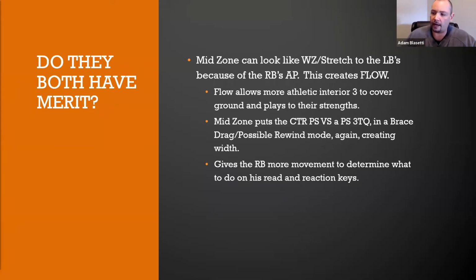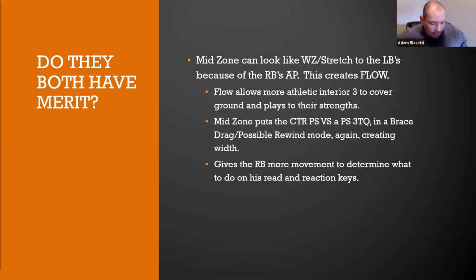Flow allows our more athletic interior three to be able to cover ground and play to their strengths. Mid zone will put the center playside always, as opposed to backside versus a 2-eye. Now he's going to go playside towards the 3-tech.